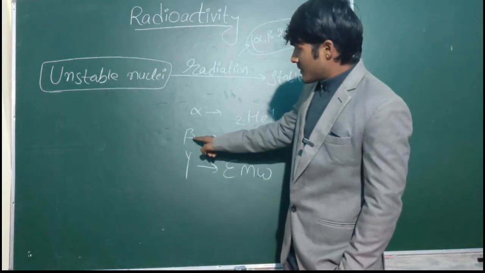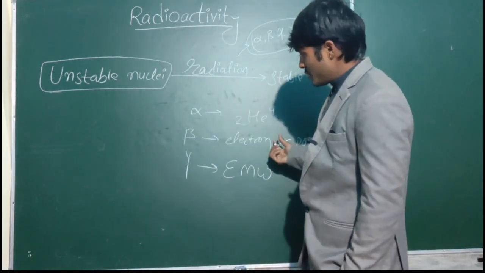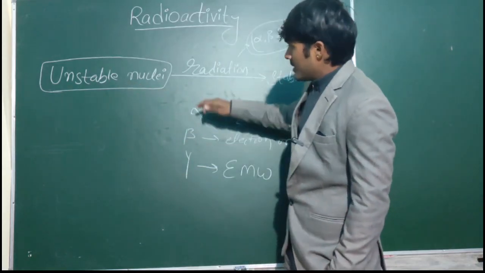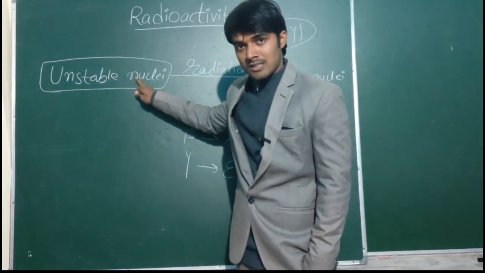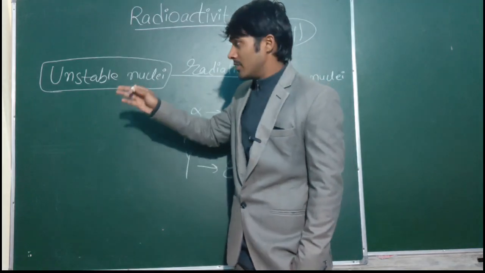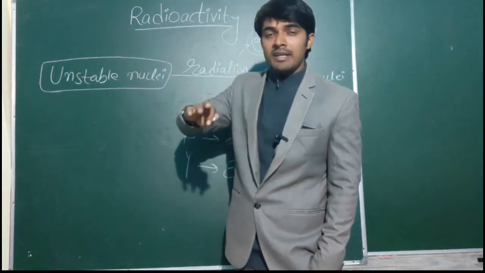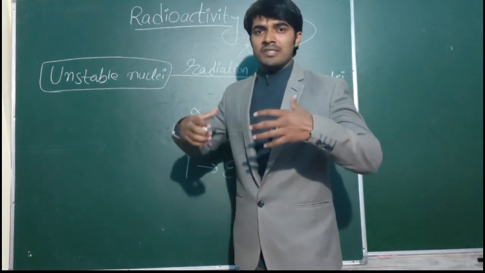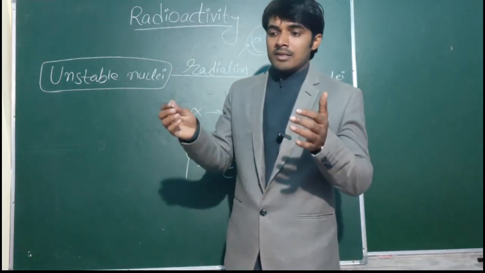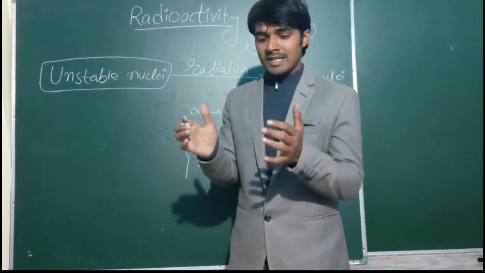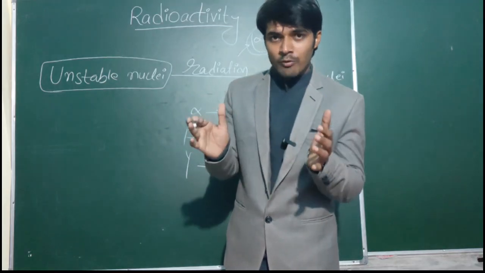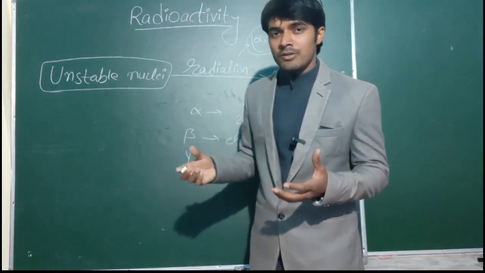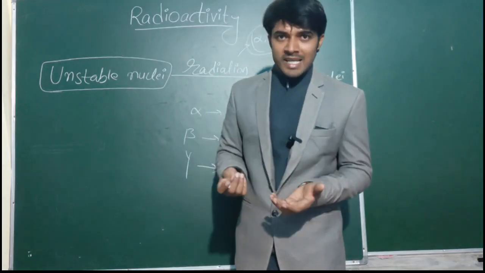So the beta, the electron or positron, is emitted by the unstable nucleus. We earlier talked about the instability of the nucleus, which can be defined in two ways. Either the size of the nucleus is huge, so that the Coulombic repulsion overcomes the strong nuclear force, and the strong nuclear force is not sufficient to hold it in stable equilibrium, so it becomes unstable, and it has to emit one of these radiations to gain stability, to reduce its size in a way.